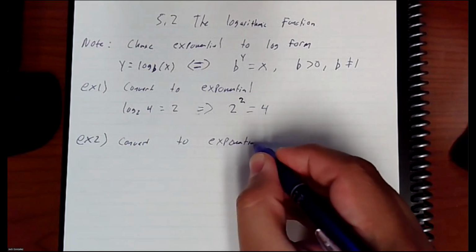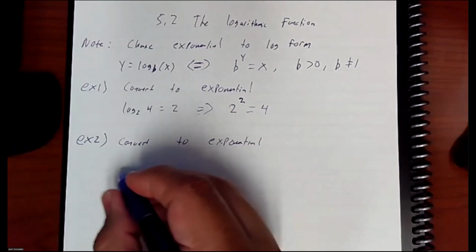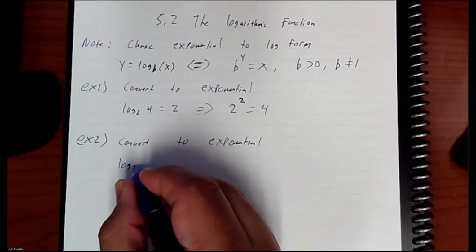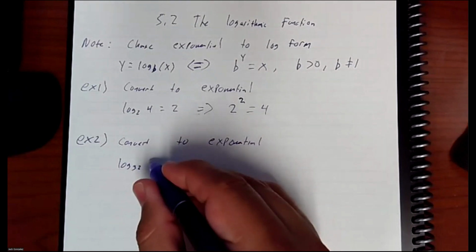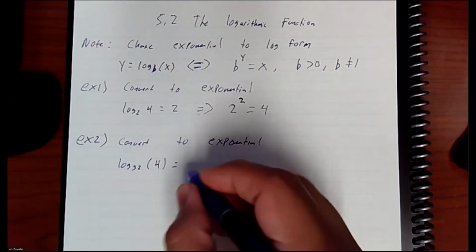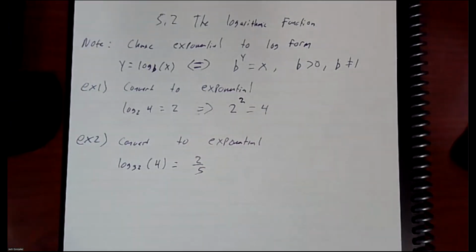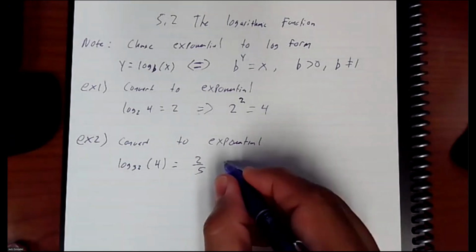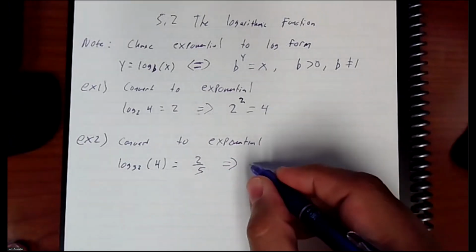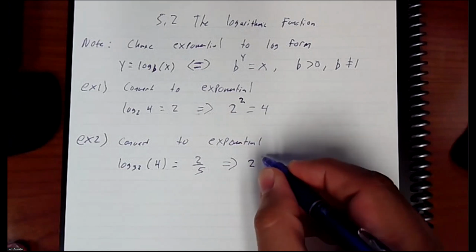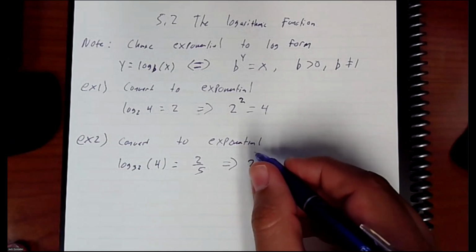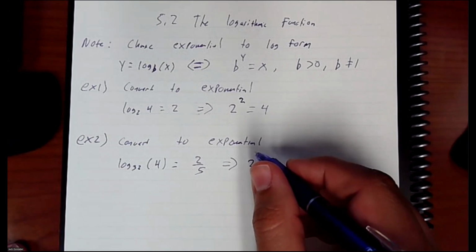Is there another one? Convert to exponential. Log base 32 of 4 is equal to 2/5. So that will be the same as the base equal to, wait, what the heck did I write?